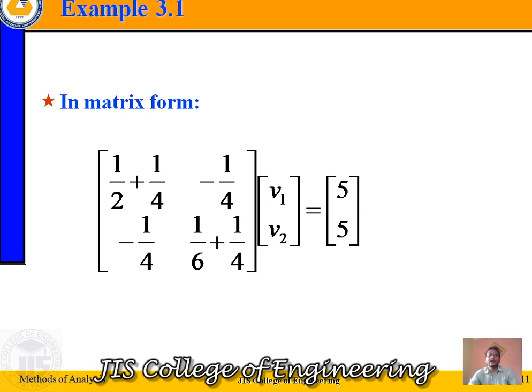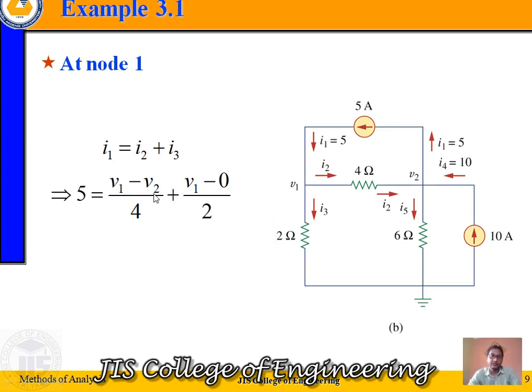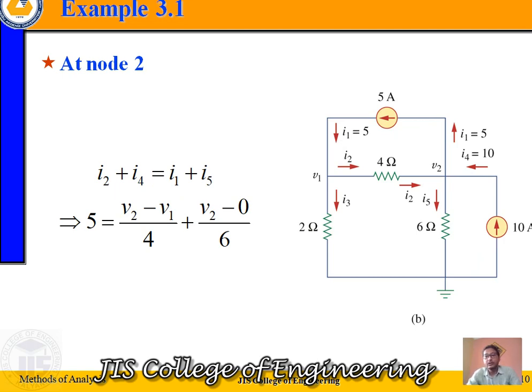Or you can go for direct equation solving, since the equations contain only two unknowns, V1 and V2. This is one equation having two unknowns, and the previous equation for node 1 also has two unknowns, V1 and V2. So we have two equations and two unknowns, and we can easily find the values of V1 and V2.